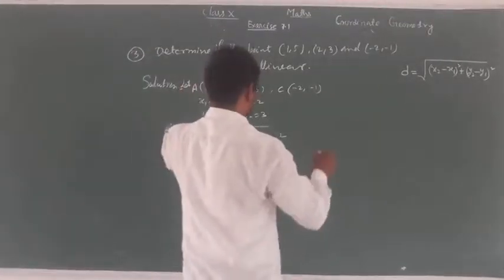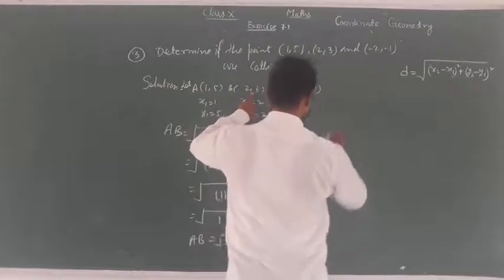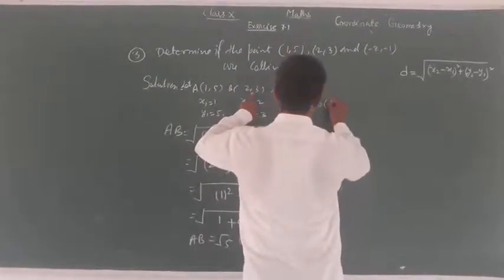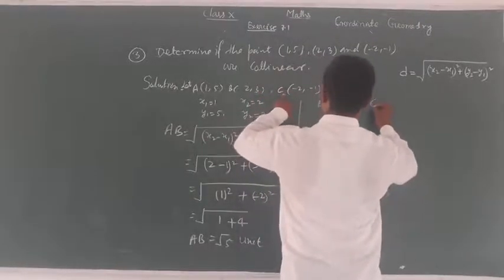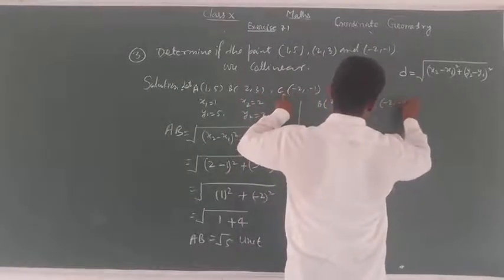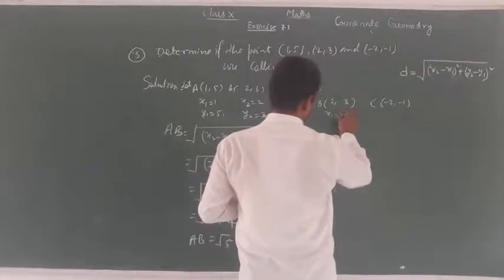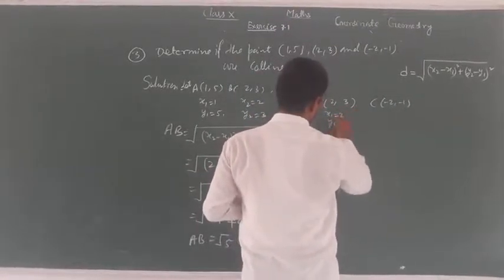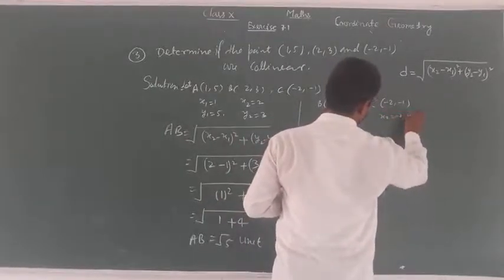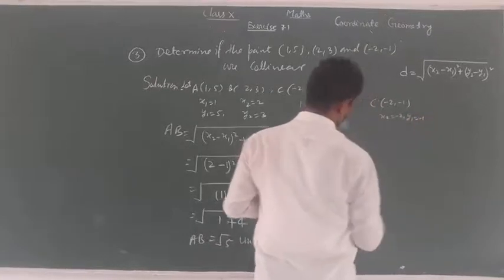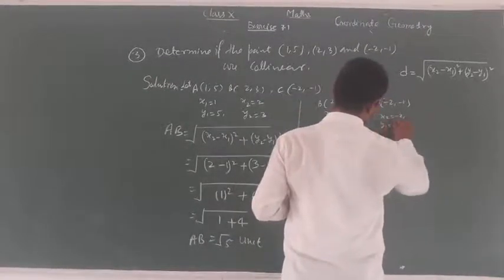And also the B point: B is (2, 3) and C is (-2, -1). So x1 is 2, y1 is 3 and x2 is -2, y2 is -1.